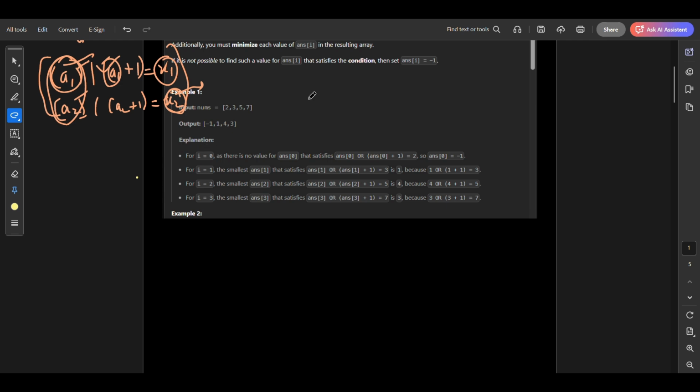First, let's say I'm putting the value 4 here. Let's say this is my xi, and I have to find one number ai such that the OR operation of ai and ai + 1 should be equal to xi, and xi here is 4.